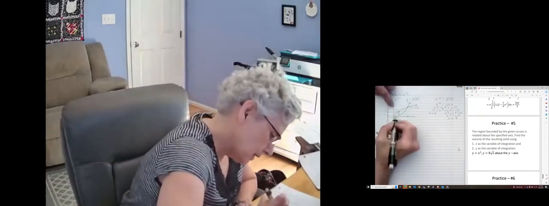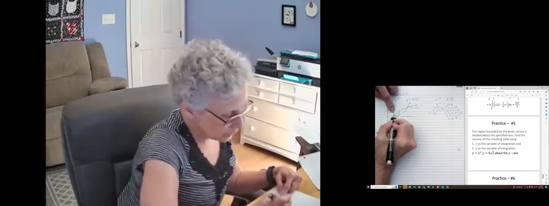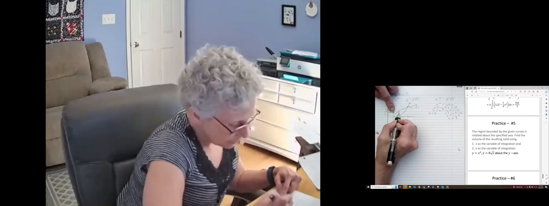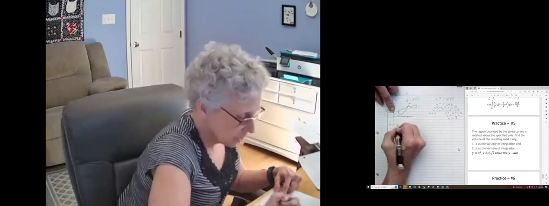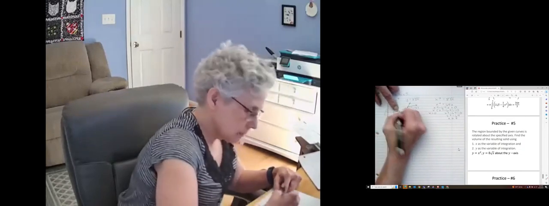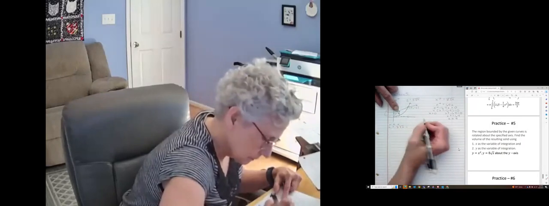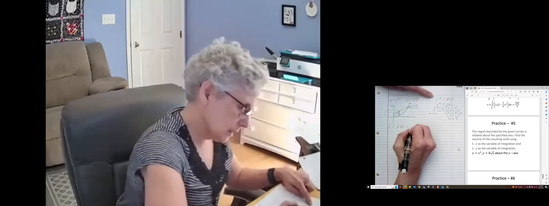My radius is going to be equal to the distance from the axis of rotation to my shell, which is just x, and my height is going to be the top minus the bottom, which is the square root of x times 8 minus x squared.